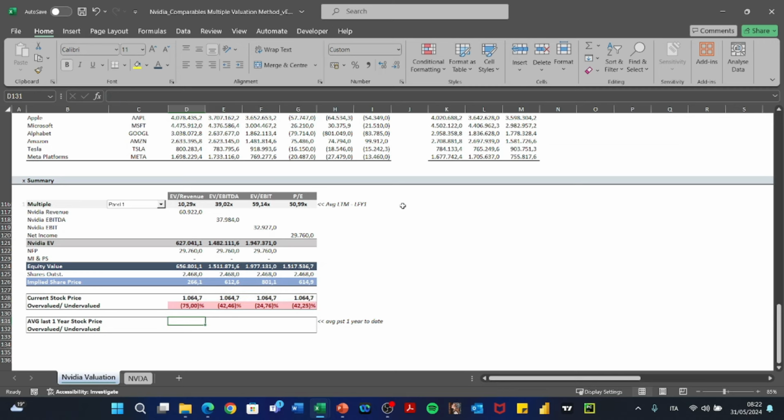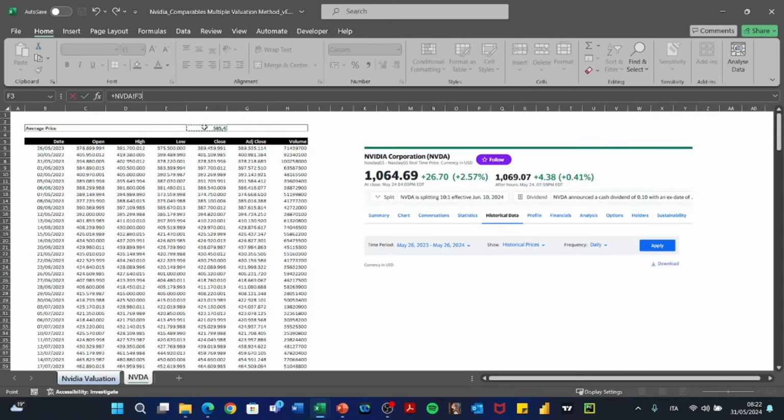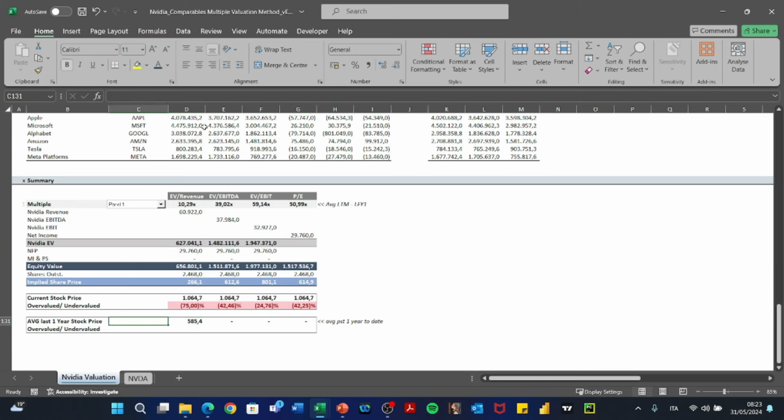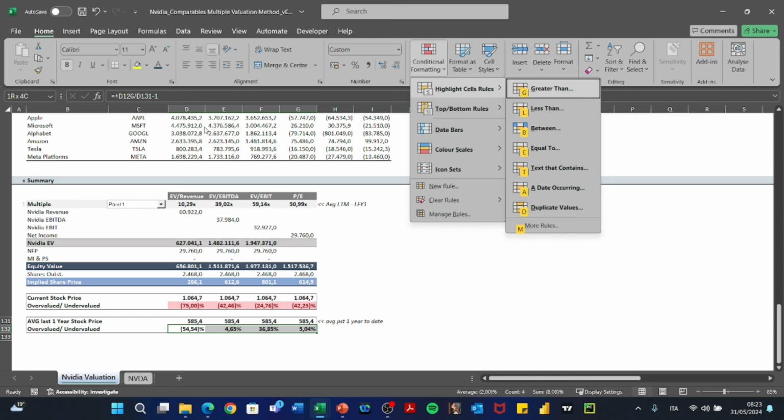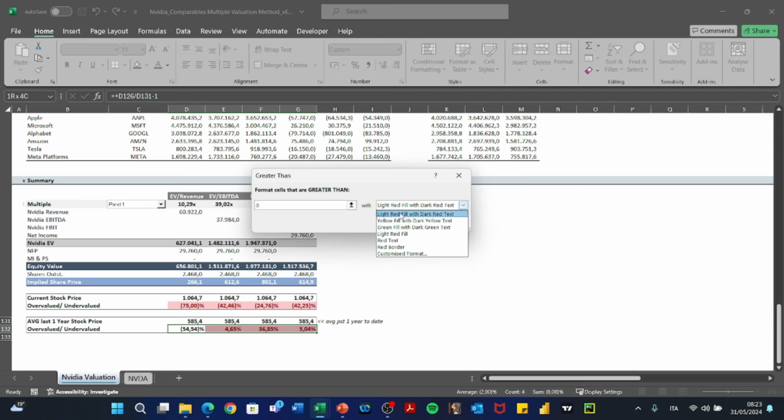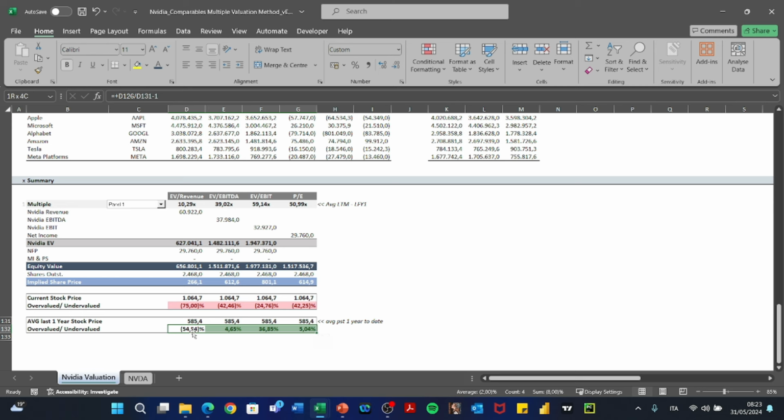If we compare this normalized data with our implied share price, as we can see, we are a bit in line if we look at these two multiples, and we are a bit overvalued if we look at this multiple.